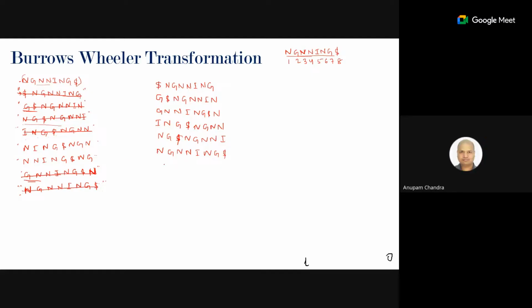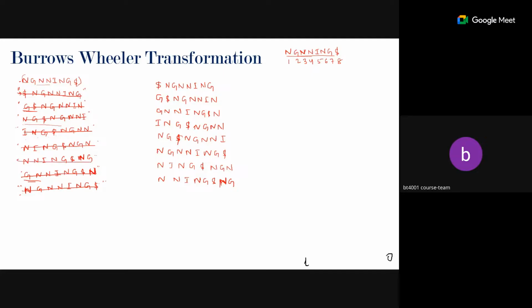Then you have NING dollar NGN, NG, followed by NING dollar, NG, NG. Okay, it's not W. It's NG. Sorry. This is NG.